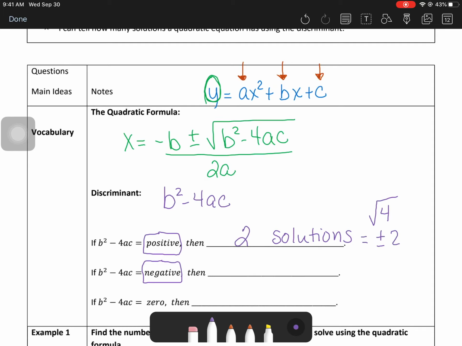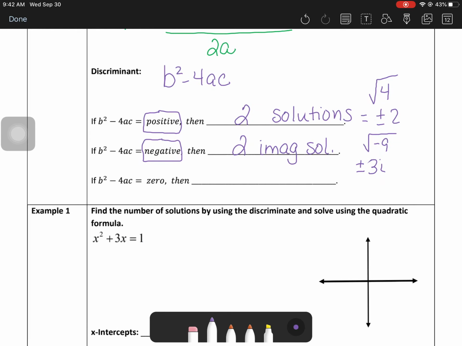But now, because we've talked about imaginary numbers, since it's a negative, we could have two imaginary solutions. For example, if this was the square root of negative 9, we could have plus or minus 3i. Remember that the square root of 9 is 3 and the square root of a negative is i.